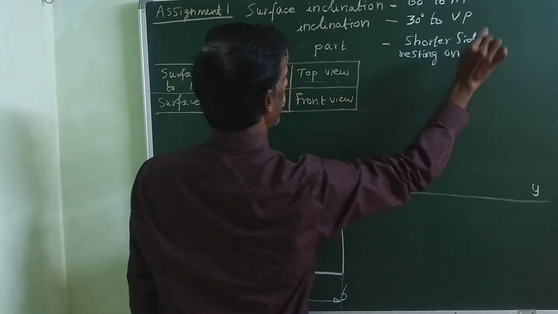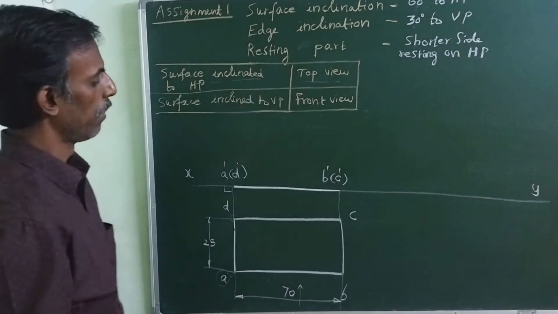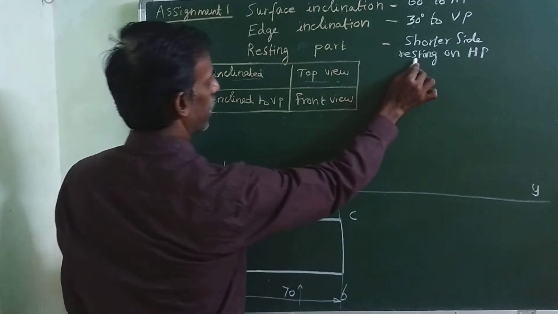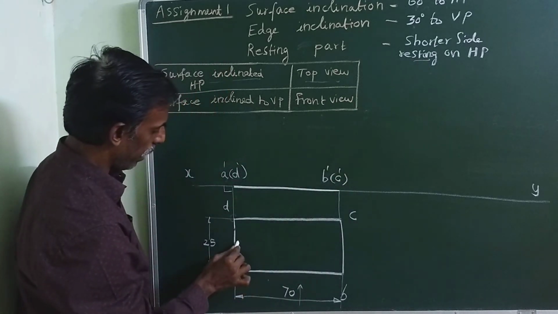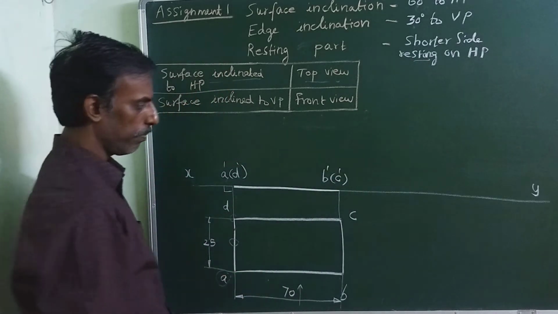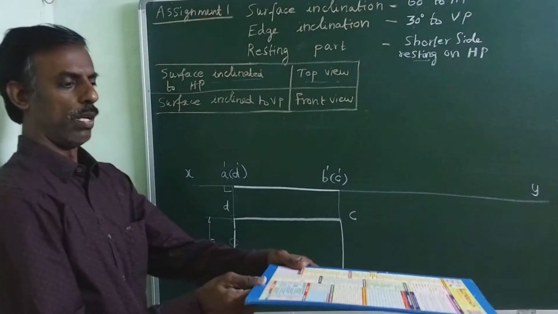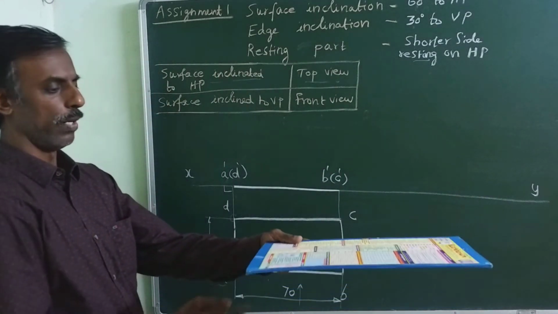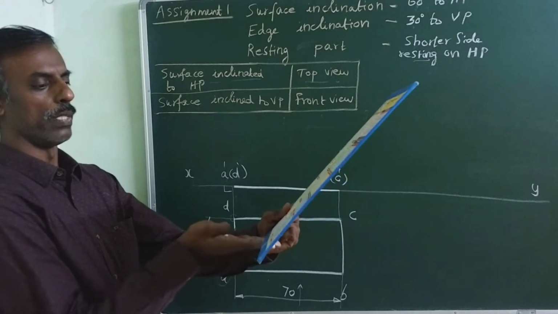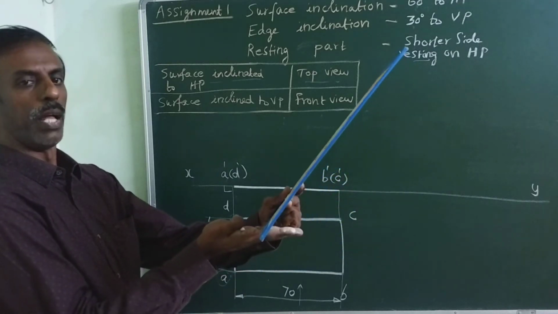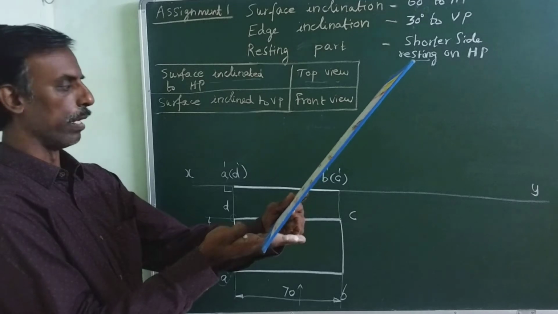The shorter side is resting on HP. Since shorter side is resting on HP, we are maintaining the side here. Now when I rotate the front view, this is the initial position I have drawn here. When I rotate the front view, the shorter side will lie on horizontal plane.